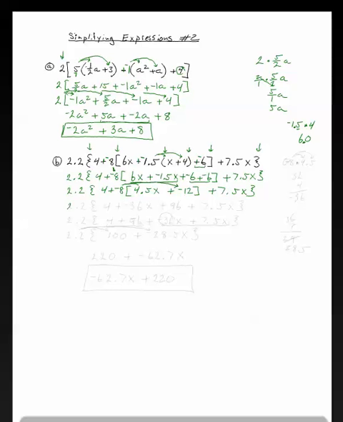So that's going to give us 2.2 curly bracket and then 4 plus. Now when I'm doing this negative 8 times 4.5, the way I think about it is that 8 times 4 is 32.